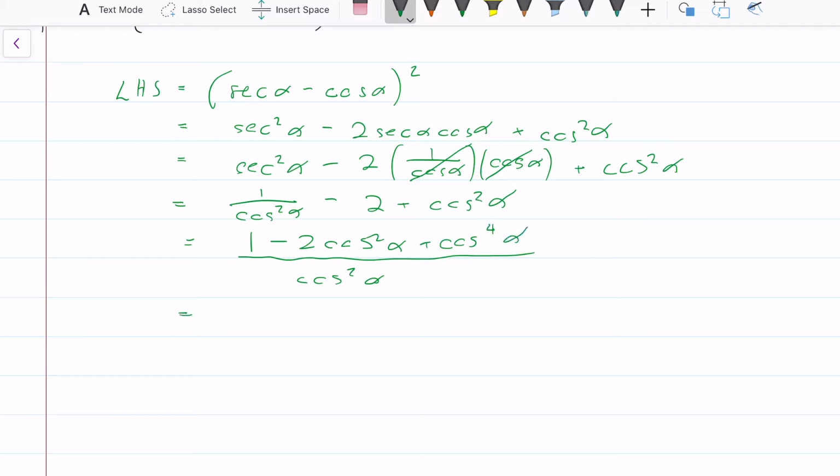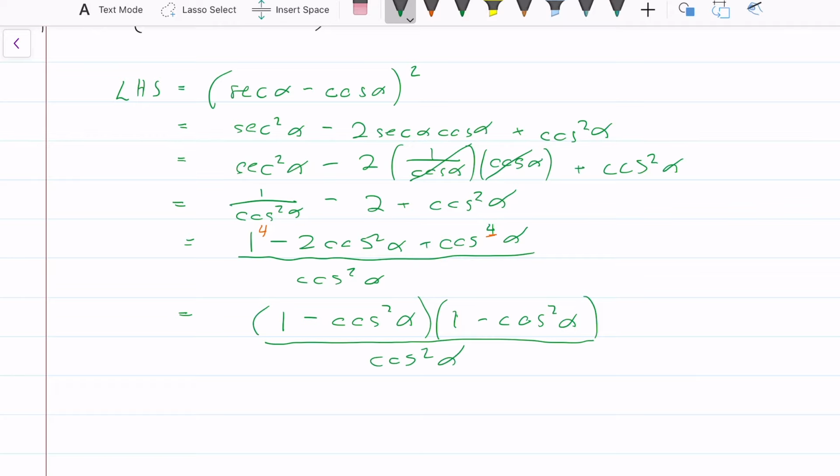If we look at this, we have a power of 4, and we've got a perfect square. So I'm going to make this (1 minus cos squared alpha)(1 minus cos squared alpha) over cos squared alpha.